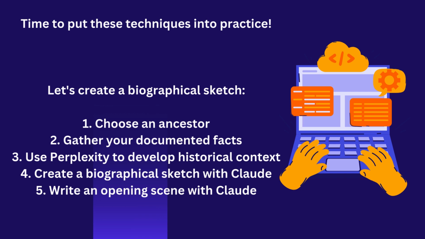Put those into a Google Doc or Word doc. Use Perplexity to develop historical context around their era. Then with Claude, create a biographical sketch for the ancestor and write an opening scene for the story. I hope you have fun with that as I did with mine.